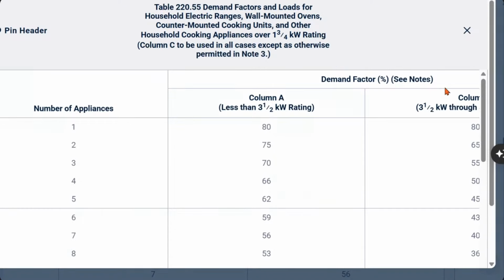So I'm always going to compare column C. Since we have 2 appliances, a cooktop and an in-wall oven, I'm going to be in the column 2. But what is C? So let's go look and see what C is real quick.